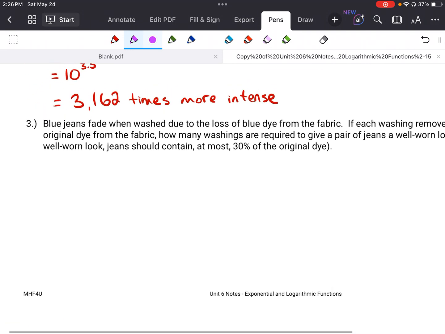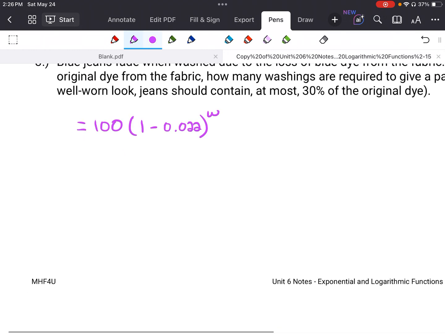Okay, so the formula that we're going to work with, so it starts at 100% when you buy the jeans. It is decreasing, so 1 minus 0.022, it's decreasing by 2.2%. And we're going to say the variable here, the exponent, is W for washes. Okay, the goal is to get to 30%.